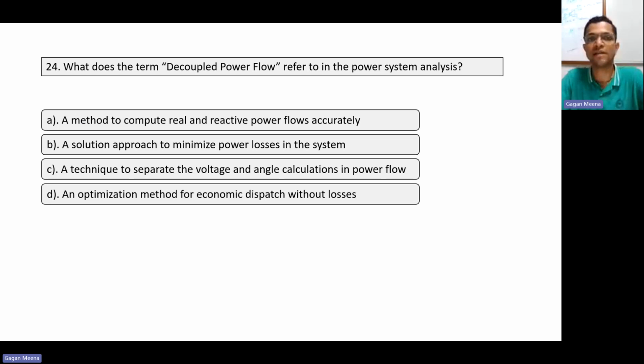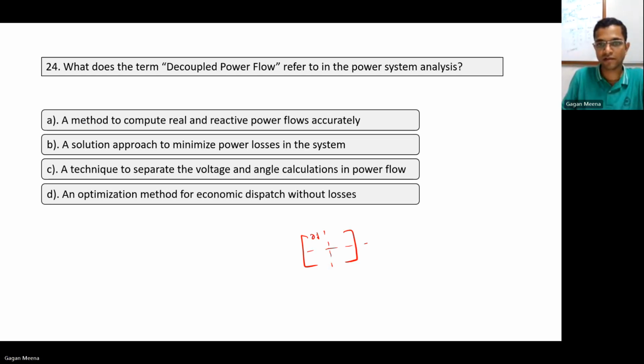What does the term decoupled power flow refer to in power system analysis? We know the Jacobian, when we make it, there are these four dependencies. Here we have unknowns, let's say this is voltage magnitude and angle is here.